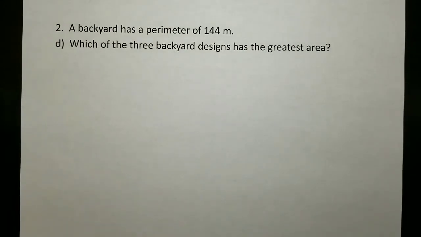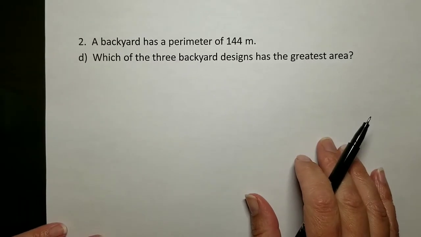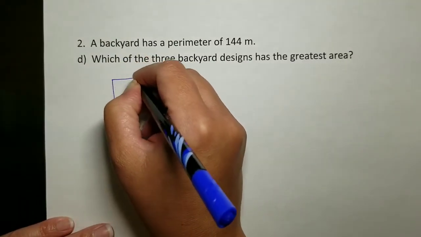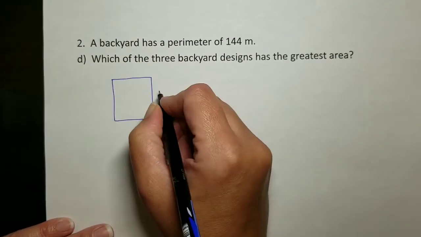So the last one, this is a really good thinking question. It says, which has the biggest area? Now that's not too hard for the first two, but we are going to have to take a little bit of a critical look at the last one, the triangular one. Just to remember, these all had the exact same perimeter.